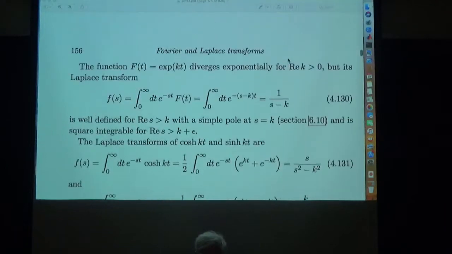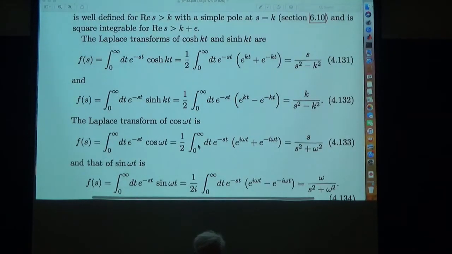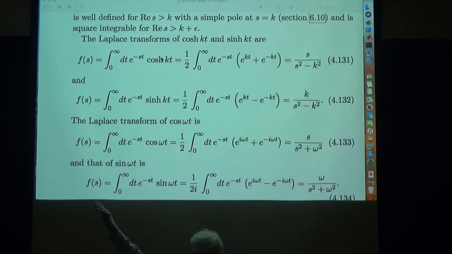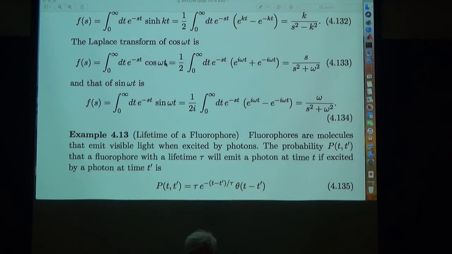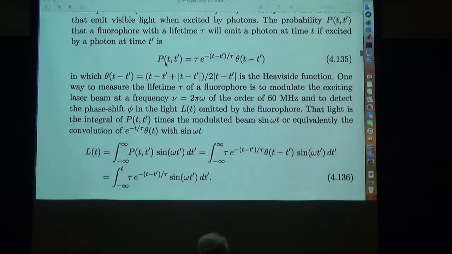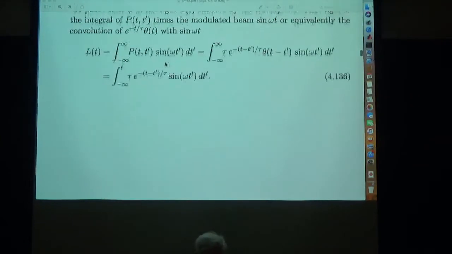And if you combine these relations and apply them to these things on the left, you can easily derive these relations for what the Laplace transform of cosh and sinh, which are exponentially divergent. They still have finite Laplace transforms. And cos and sine are also oscillating, but they have Laplace transforms.